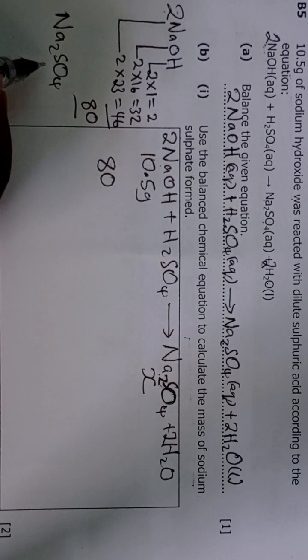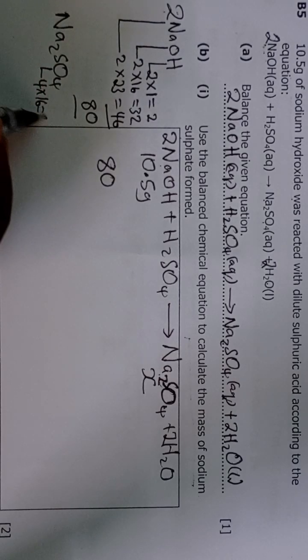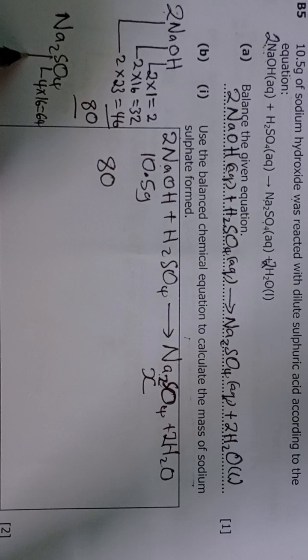Sodium sulfate, we have 4 atoms of oxygen. So 4 times 16, which is 64. We have 1 atom of sulfur, so we have 1 times the mass of sulfur, which is 32.